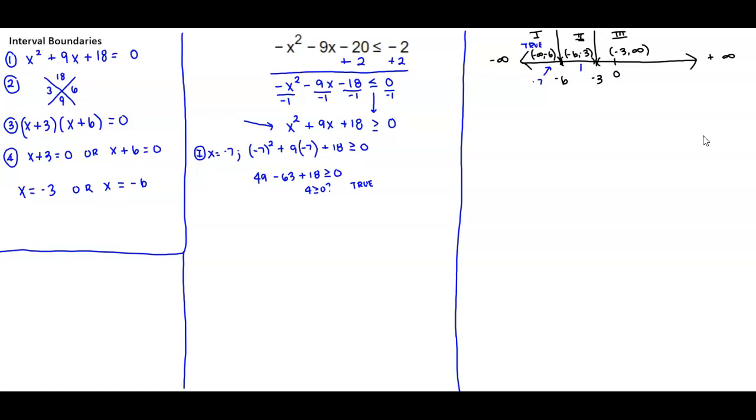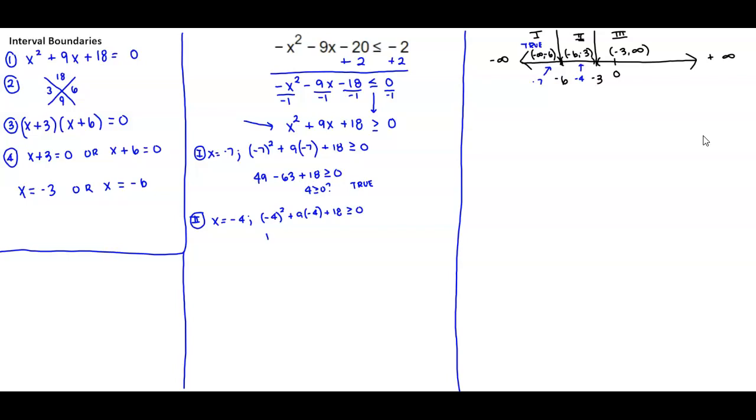Now for interval number 2, we're going to pick negative 4, since that number is in between those two numbers. So for interval 2, we let x equal negative 4, and now let's plug it in. We have negative 4 squared plus 9 times negative 4 plus 18, and I want to see if that's greater than or equal to 0.